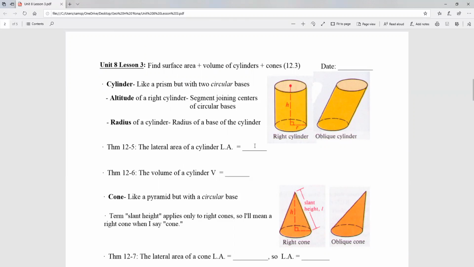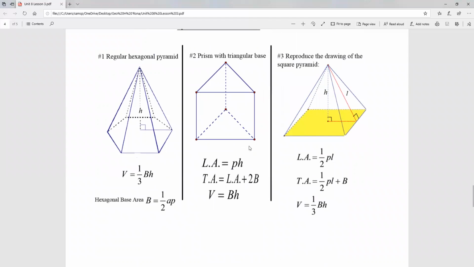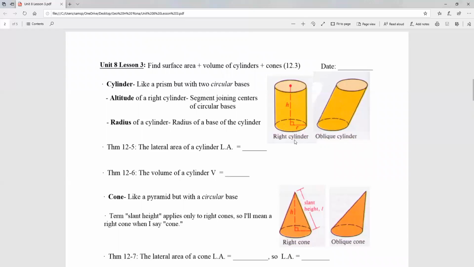So the lateral area of a cylinder is, again, just the sides, like the circle around the sides. Now before, when we talked about prisms, the lateral area was just the perimeter times the height. Now it's going to be the same thing with cylinders.